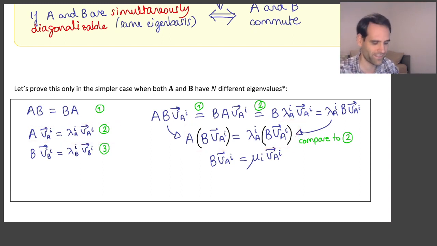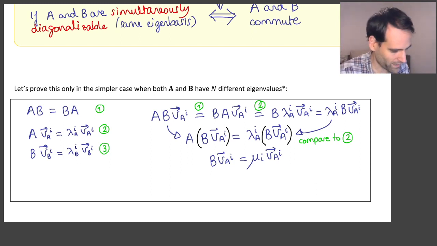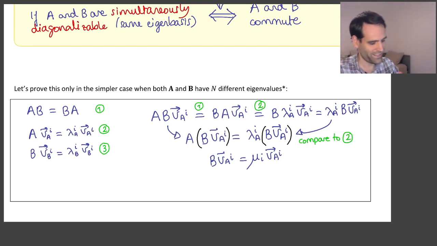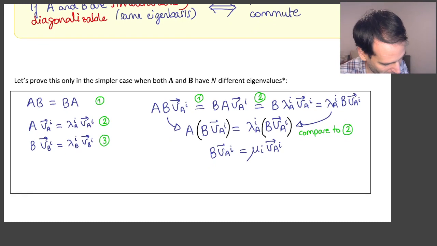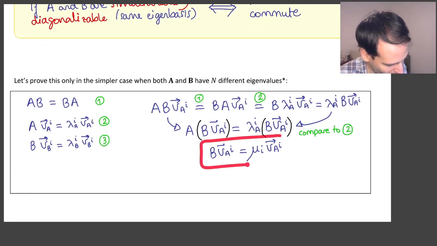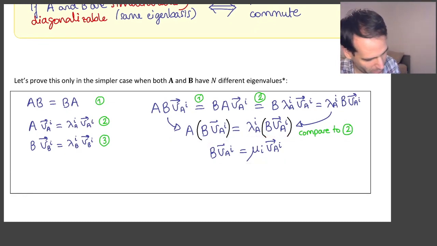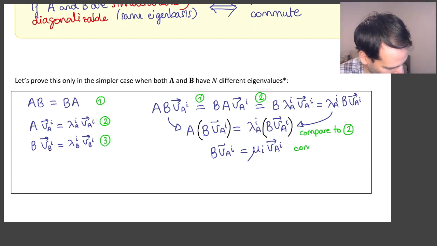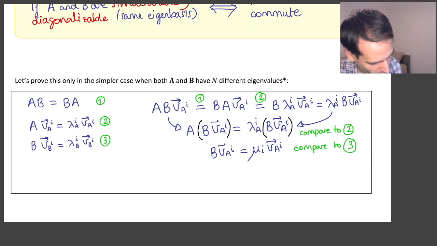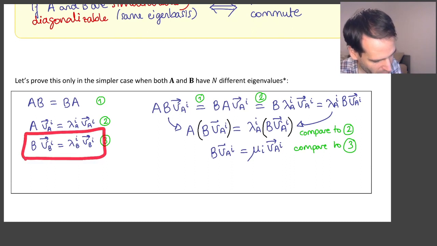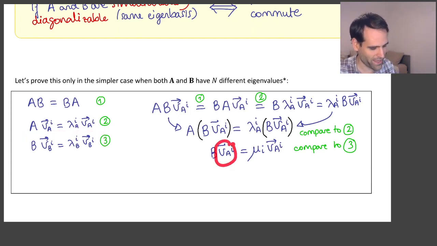It's very, very nice. So now what can we say? Well, if you look at this equation and compare it to equation 3, suddenly you realize that the eigenvector of A is also an eigenvector of B, because this is the equation that defines eigenvectors, right?